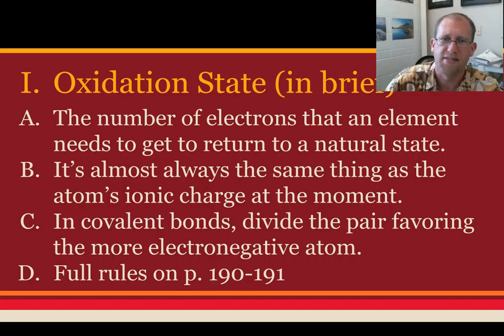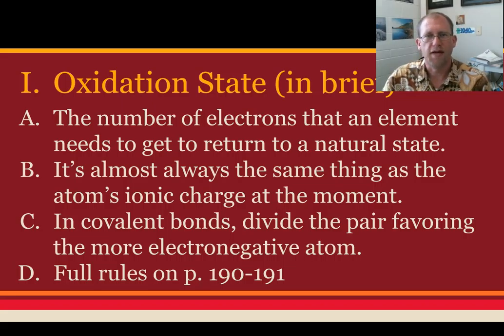Basically what that means is that the oxidation number is almost always the same as the ionic state. Calculating oxidation numbers is usually as simple as looking at what the ionic charge is. So in an ionic molecule, you can see, oh, you're a charge of 3, your oxidation number is 3. You're a charge of -1, your oxidation number is -1.